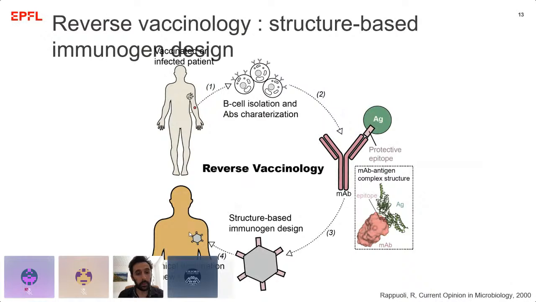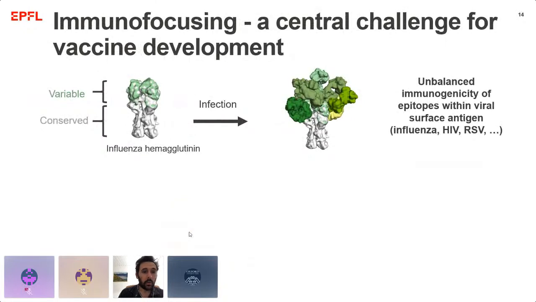What this approach refers to is that we typically learn from immune responses from human patients, where the antibodies are isolated, and crystal structures of those monoclonal antibodies in complex with the proteins of the antigens are solved. Once we have that structural information in hand, we can then use computational design to engineer better immunogens. Next slide. And maybe you are wondering why this is relevant to do, although we are in the middle of a pandemic.